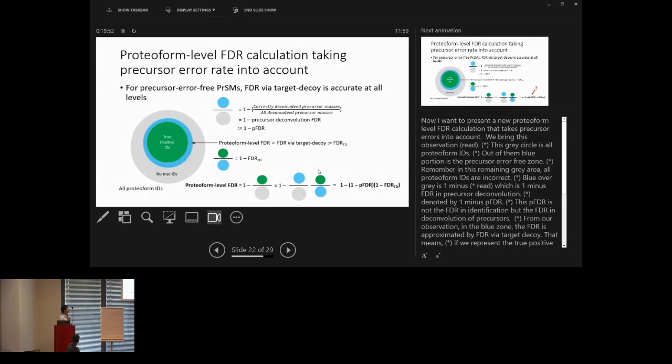Yeah, but it's not from independence. It's from a kind of exclusiveness. I started with all proteoform IDs, and I only selected the blue area, which is error-free for the deconvolution, right? And only for that error-free area, as stated above, for precursor error-free PRSMs, FDR via target-decoy works, right? So this is not independence.